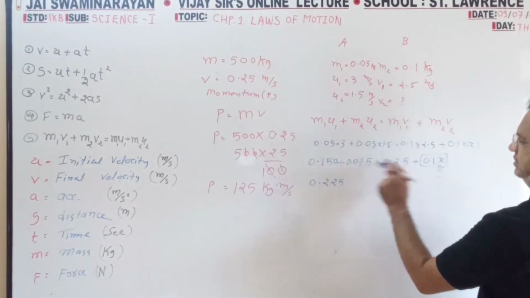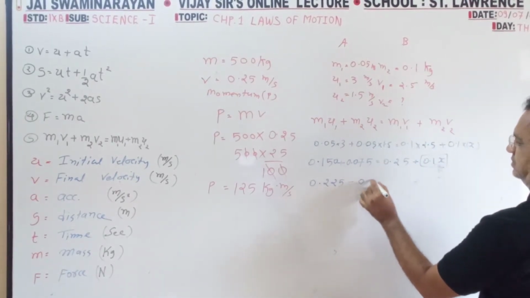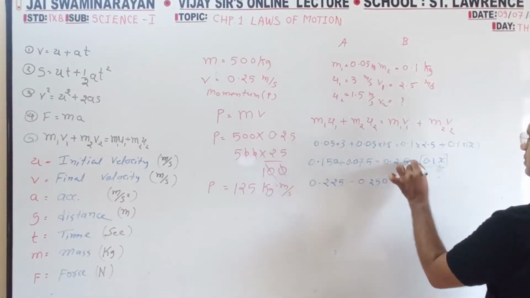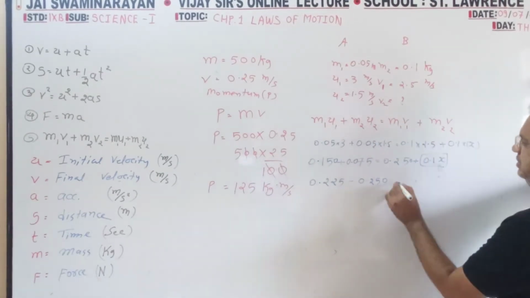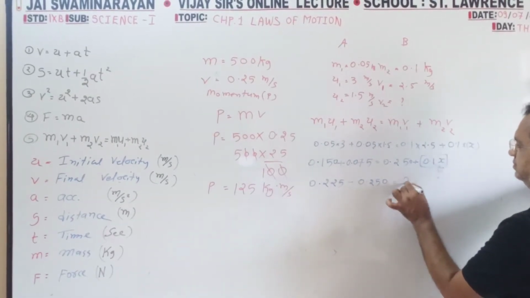So now I will take this minus. After decimal, back to the last digit you can put 0.